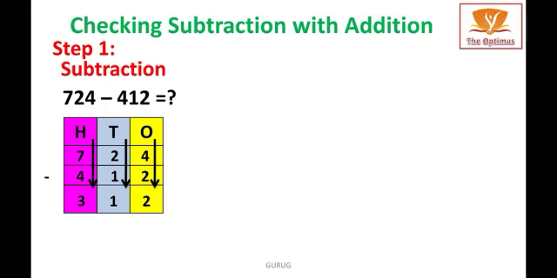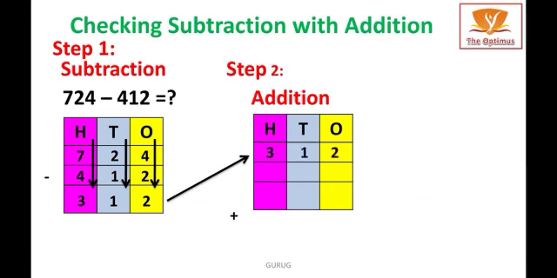Step 2, you are going to check in addition method. The difference I am going to consider first addend. The subtrahend I am going to consider second addend. So I am going to add 312 plus 412. In ones place, 2 plus 2, 4.